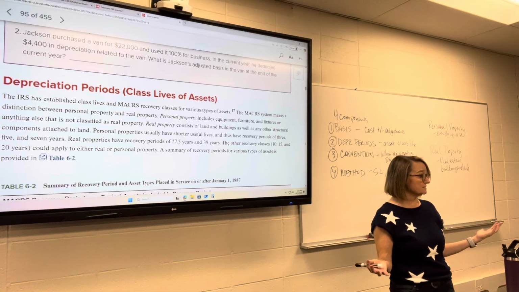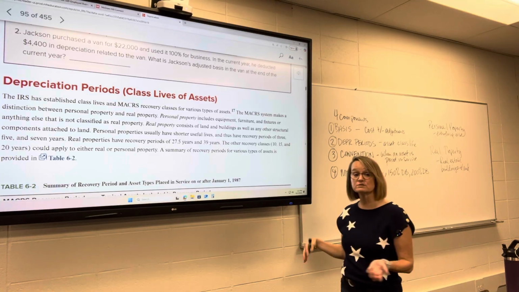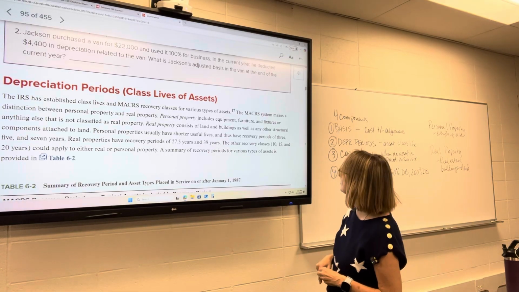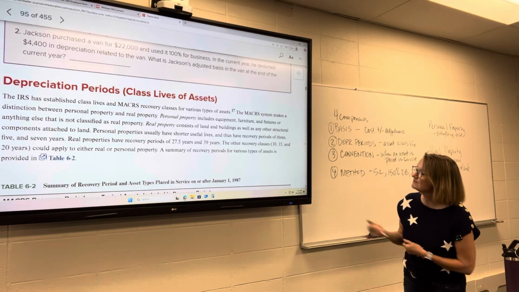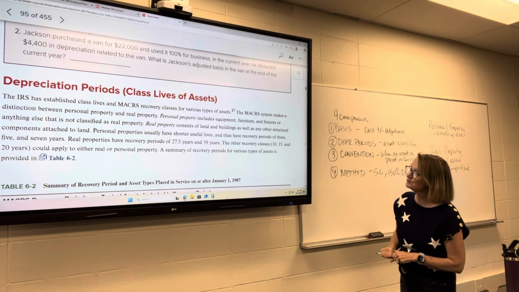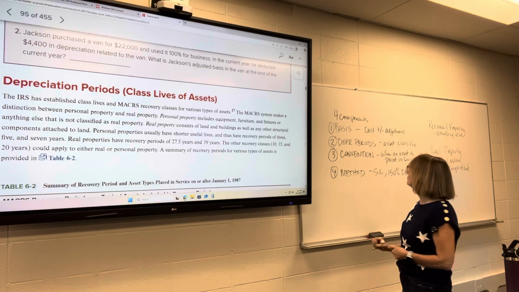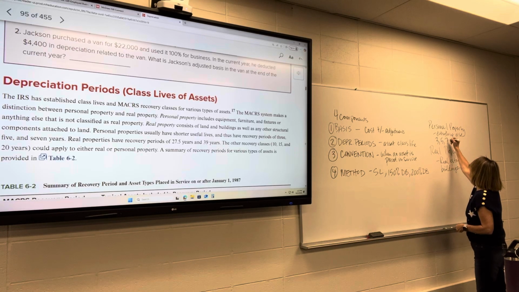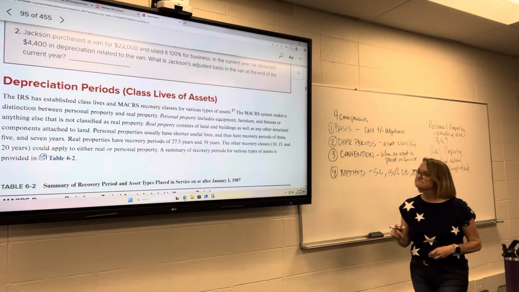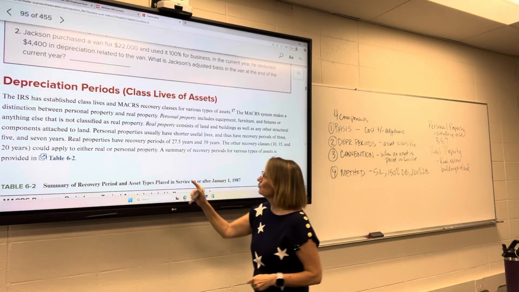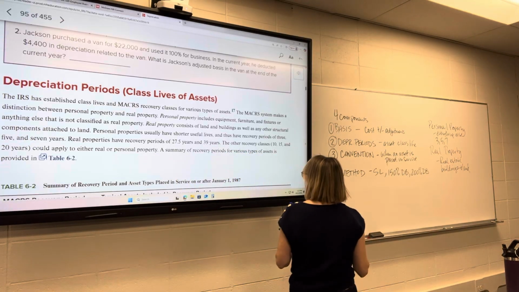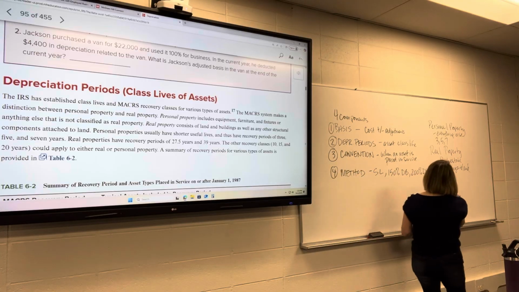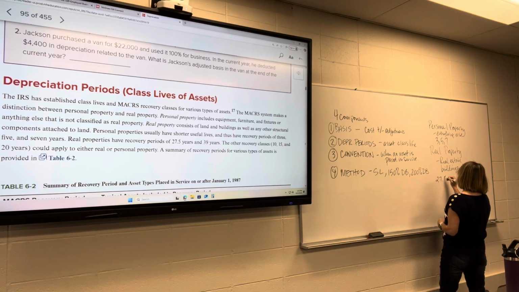Makes sense, they don't last as long, right? But the IRS still tells you how long you can depreciate it over. It has a recovery period of 3, 5, or 7 years. Real property has a recovery life of either 27 and a half years or 39 years.